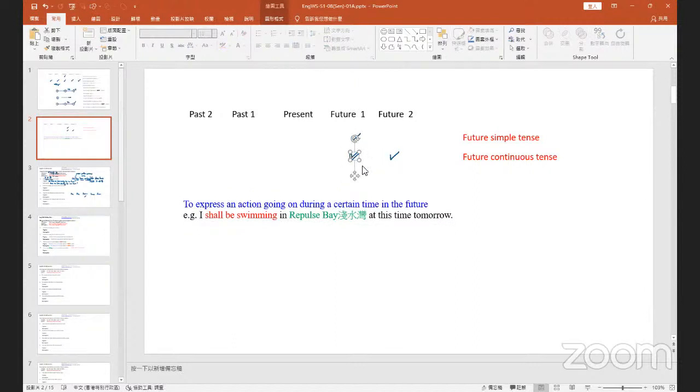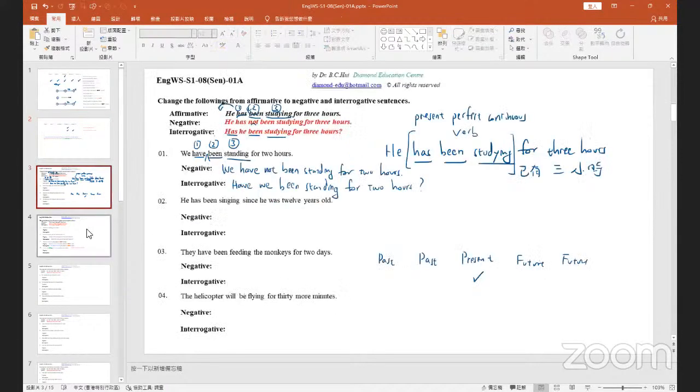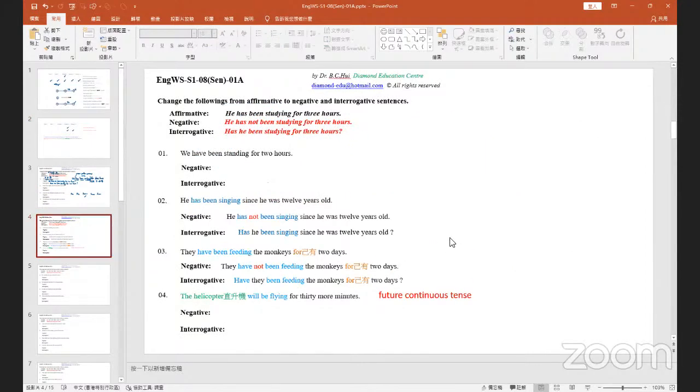For a duration of 2 hours, then you use future continuous tense. So come back to here. The helicopter will be flying for 30 more minutes.